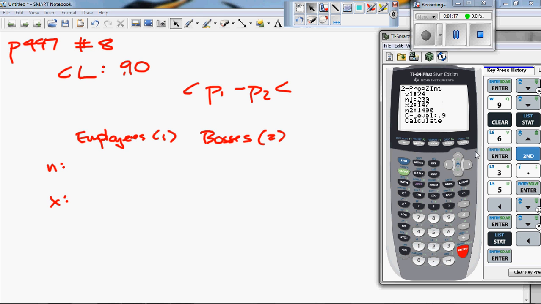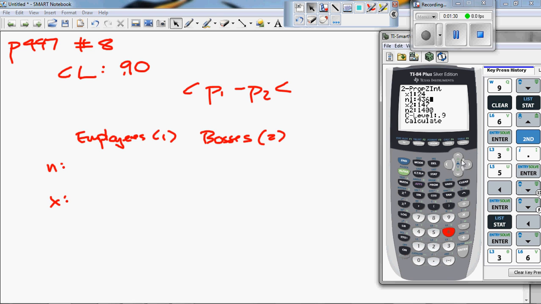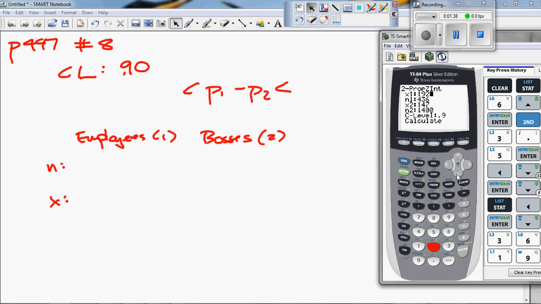And we're going to enter the information from 7. It says that employees is going to be 1, so 436 workers, so that's N1, 436. Of the 436 workers, 192 of them said that it was unethical, 192.